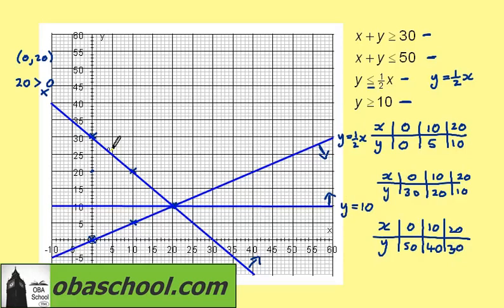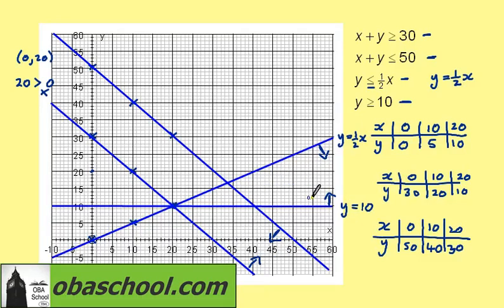So we have (0, 50), (10, 40), (20, 30), and we need to draw a straight line through these points. Once again, we could use a test value, and we'd find that we need to be this side of this line.